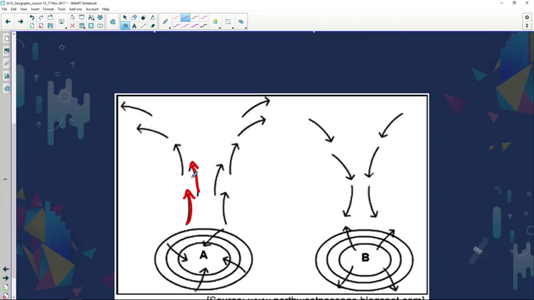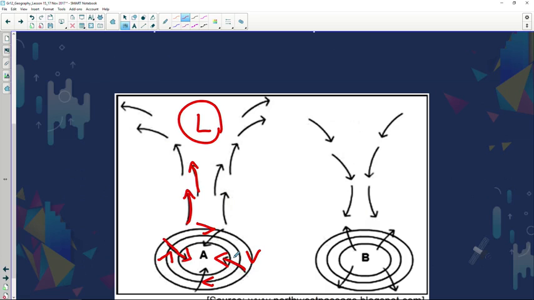So your first clue: rising air is usually a low pressure. And what do we know about low pressure in the southern hemisphere? Clockwise circulation of air. Another tip, as you can see if you look at these arrows, is convergence of air.